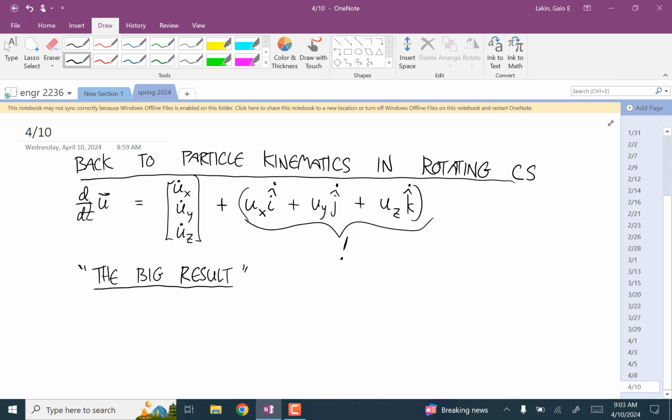The big result says the time derivative, I mean, these are the same, right? The time derivative of u is the time derivatives of the components plus omega cross u.